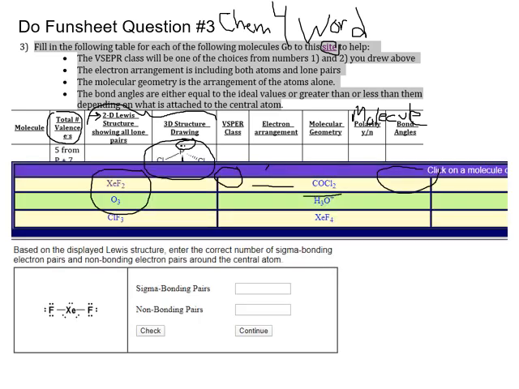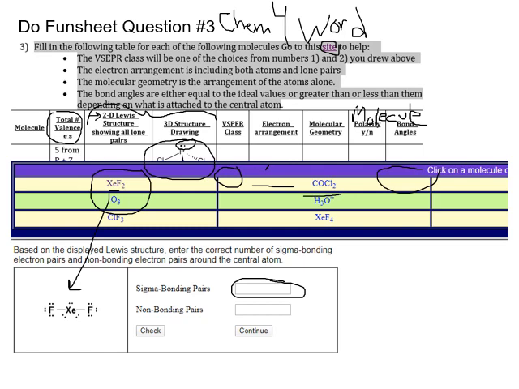The site that I'm talking about looks like this. It looks like I chose XeF2, and then you'll get little screens that help you through drawing the Lewis structure and understanding the shape at the end of the day. And I don't know if it does polar or non-polar. You'll have to check it out. The very first question is about sigma bonding pairs.